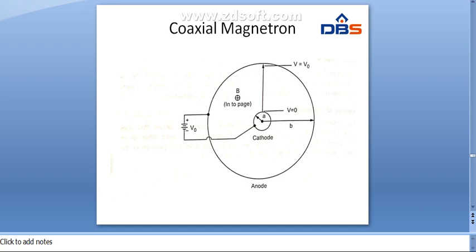The negative side is connected to the cathode and the positive side is connected to the anode. A magnetic field from an external permanent magnet has its lines of force perpendicular to the electric field.